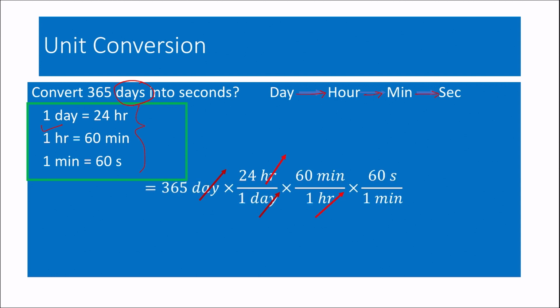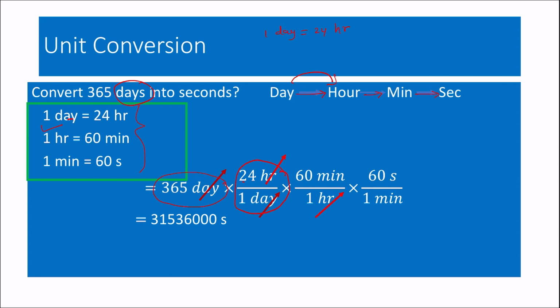Look at here. First you have to write how many days you need to convert, 365 days. Then you have to convert into hours. To convert into hours, you use this conversion factor, 24 hours divided by 1 day, because that is equal to 1. You see here, 1 day is equal to 24 hours.